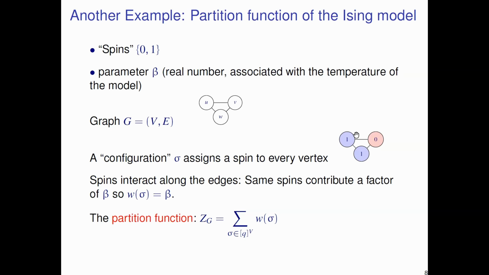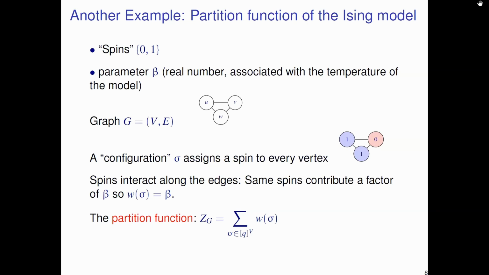When we have a graph, and I've drawn this tiny little graph here, a configuration assigns a spin to every vertex. This configuration assigns spin 1 to 2 vertices and spin 0 to 1. The spins interact along the edges of the graph, and you get a factor of beta whenever they're the same.